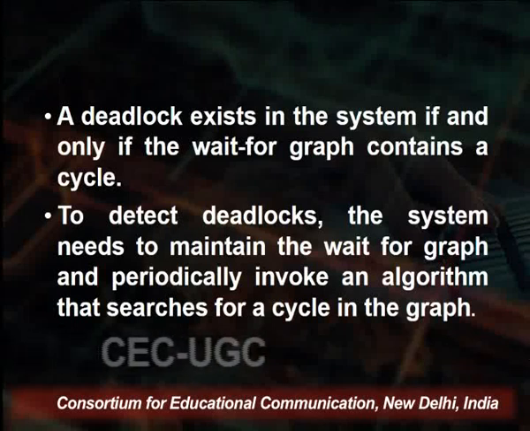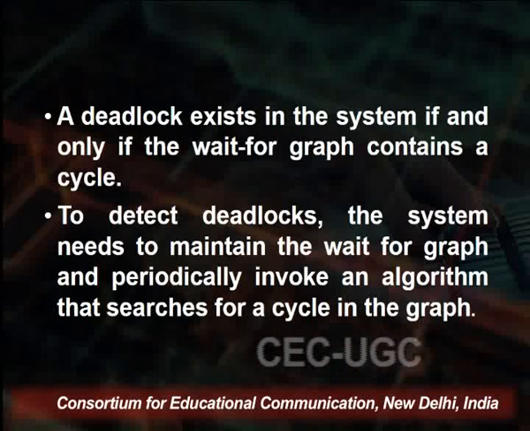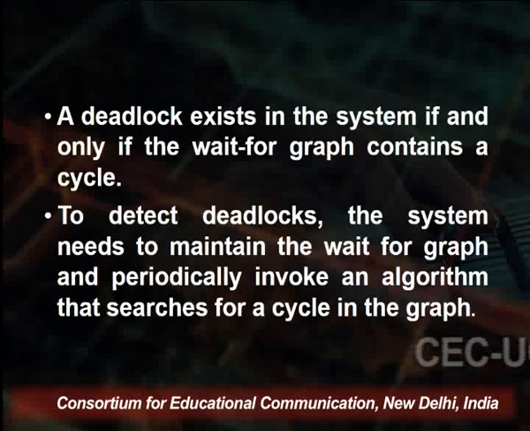So, in a nutshell, if a system wants to detect deadlock, the wait-for graph has to be maintained, or updated at regular intervals, and periodically that wait-for graph has to be checked for the presence of a cycle.